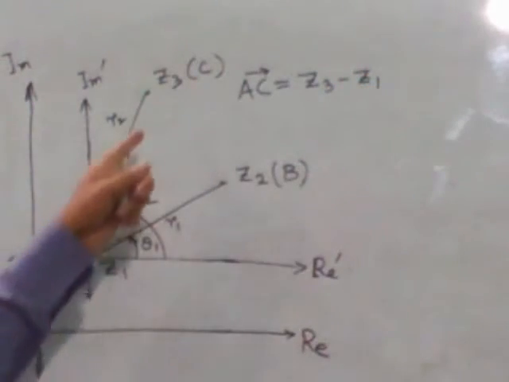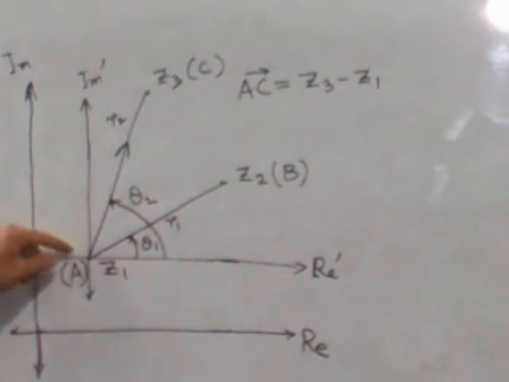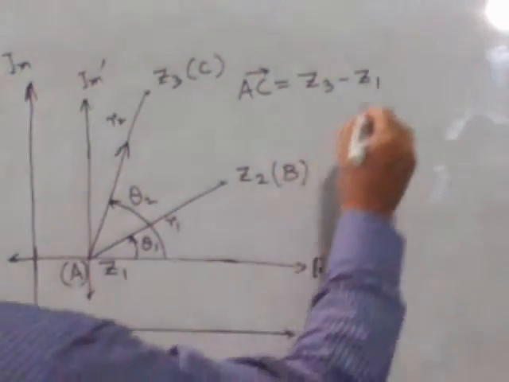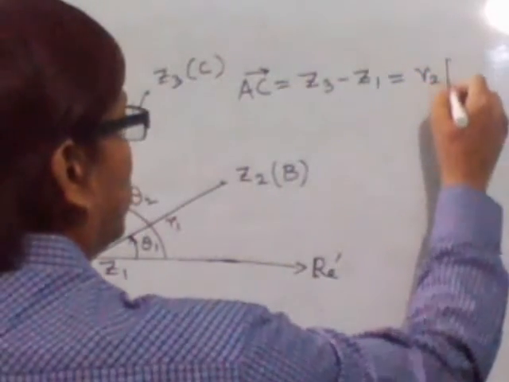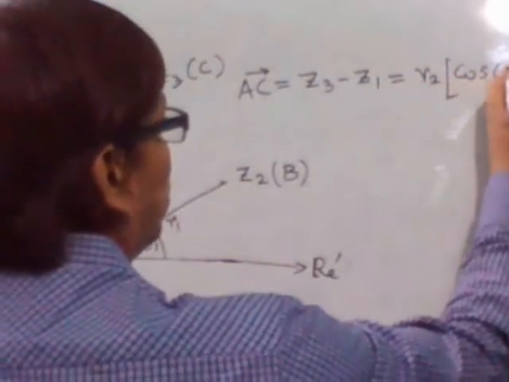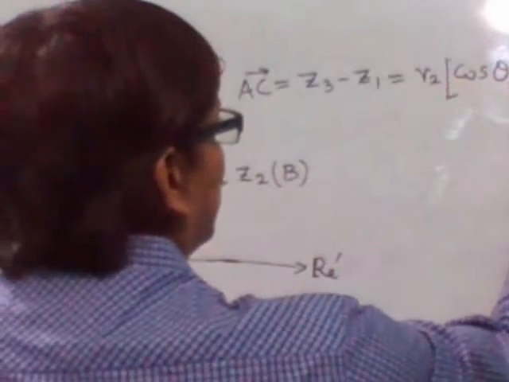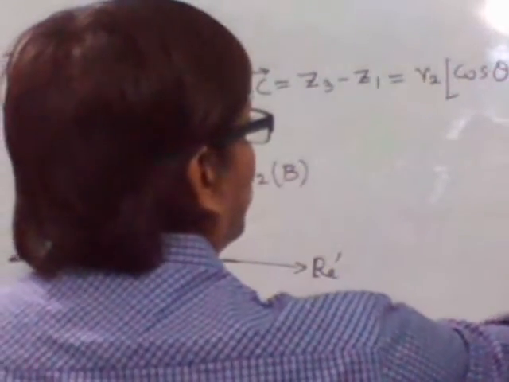This is the position vector of C minus the position vector of A, so this is AC vector, and that is equal to R2 into cos θ2 plus I sin θ2.